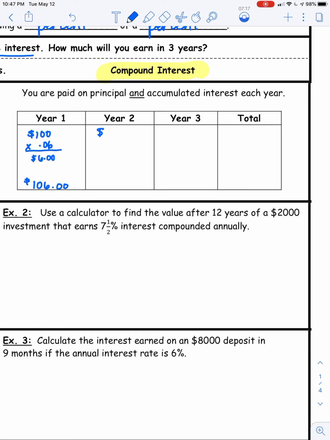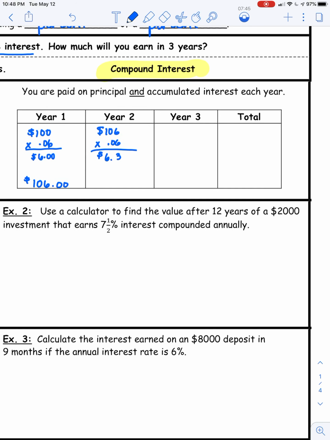It's going to pay you now on how much money is actually in your account. So in year 1, after you were paid your $6, you now have $106 in your account, and compound interest means they're going to pay your interest on your principal and the accumulated interest, which was $6. So now they're going to pay interest on your full $106 that's in the bank at 6%.